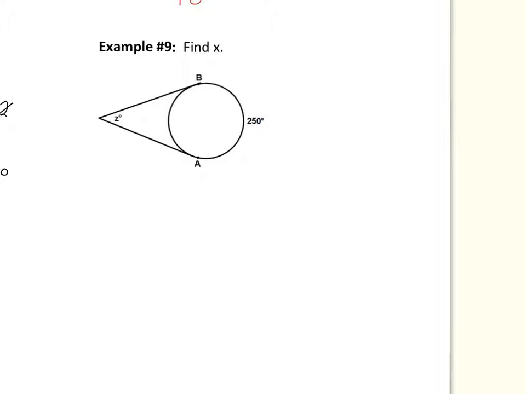Okay, so this one has two tangents. So we have a tangent here and a tangent here. We have arc 250. But the nice thing is, since these two tangents intersect this arc 250, we really need to know this other arc. But since those two points take up the whole circle, I can find that other arc by simply doing 360 minus 250, which is 110.